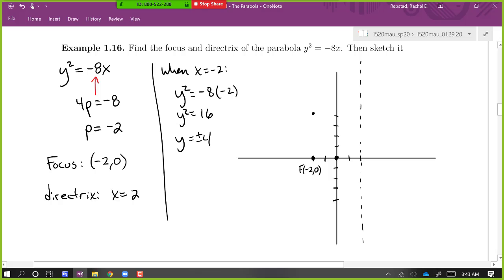All right, so up at 4 here, down at negative 4, and now we can draw our curve. Questions on that example? Okay.